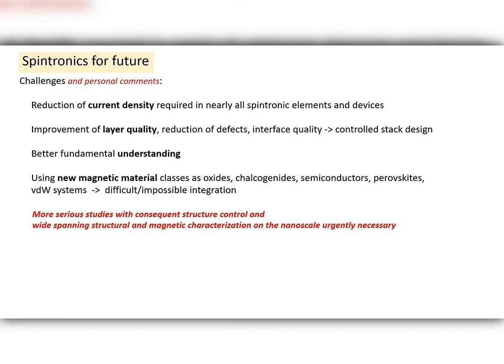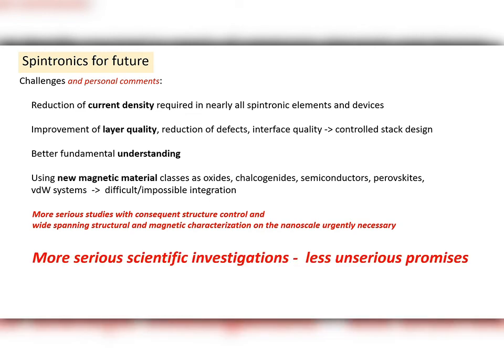So we need, in any case, more serious studies with consequent structure control and wide-spanning structural and magnetic characterization on the nanoscale. It is urgently necessary to make TEM images, to make very reliable magnetization measurements, to have reproducible systems.